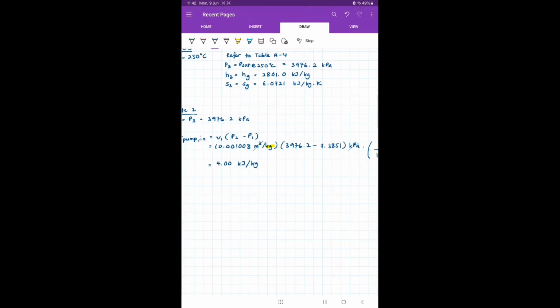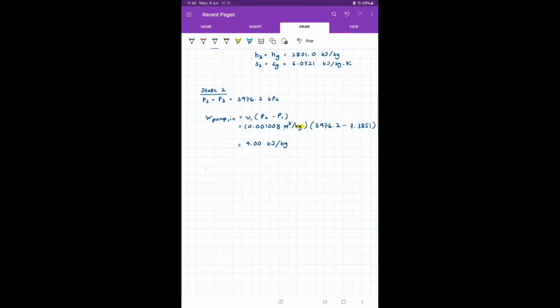Again, we know that the work required by the pump is also equal to the difference in enthalpy at point 1 and point 2. So I can use this formula to get the enthalpy at point 2.